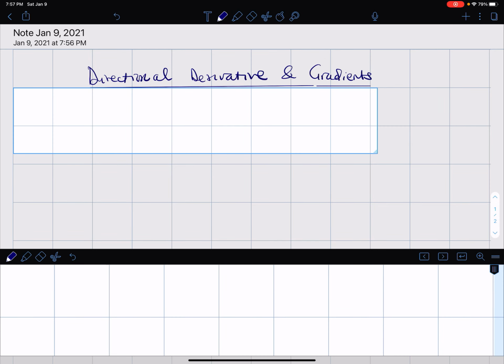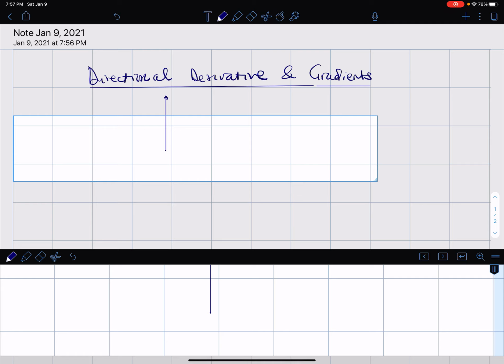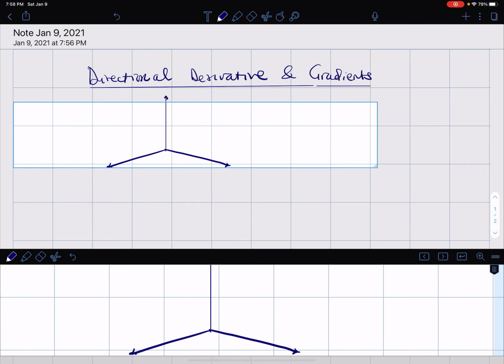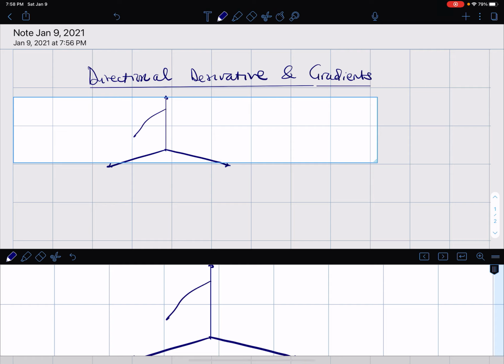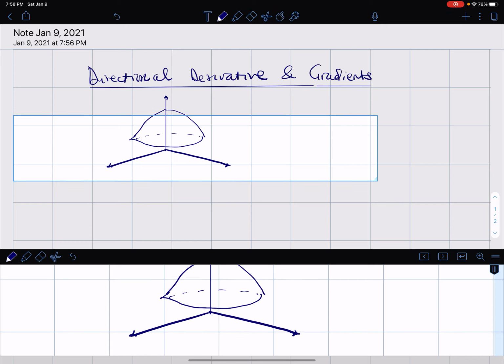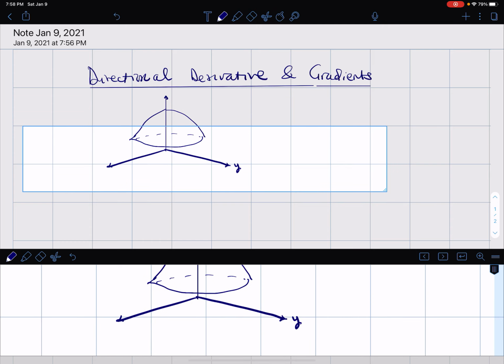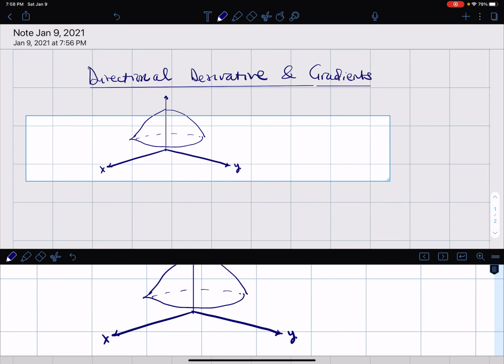So let's recall a few things. If you have a function of two variables, say, so this is a graph of your function, and this is your y-axis, x-axis, and you would like to find the partial derivative with respect to x.